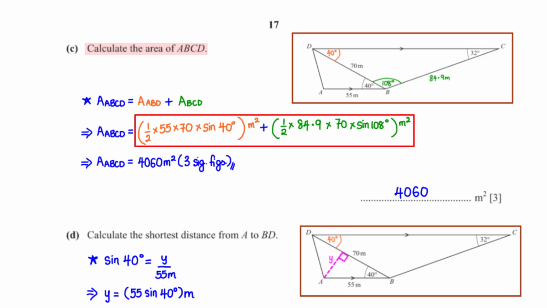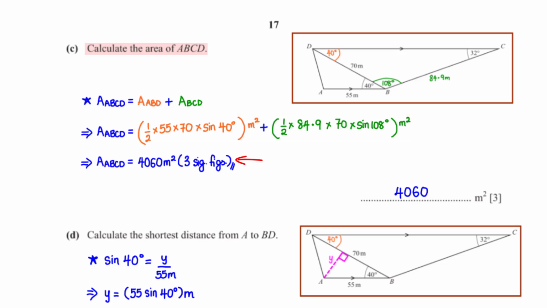The area of triangle BCD is equal to half of 84.9 times 70 times the sine of the angle between these two lengths, which is 108 degrees. When we type this into the calculator, we get 4,060 meters squared, rounded to 3 significant figures.